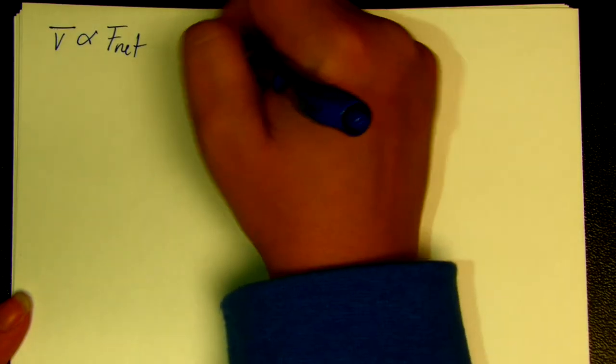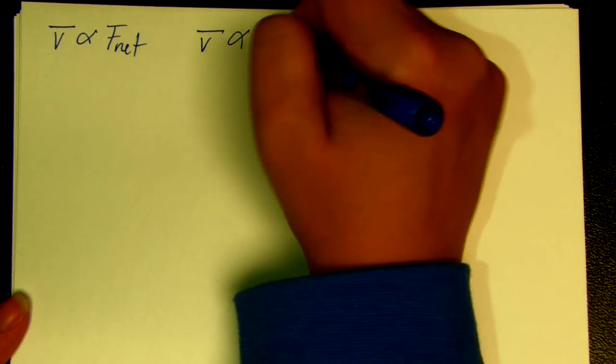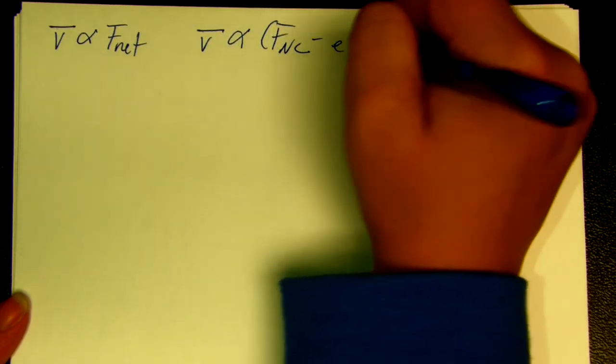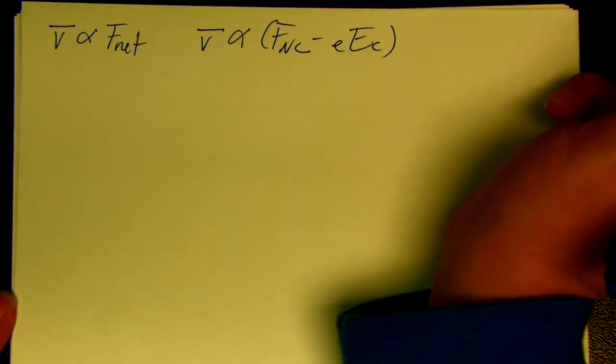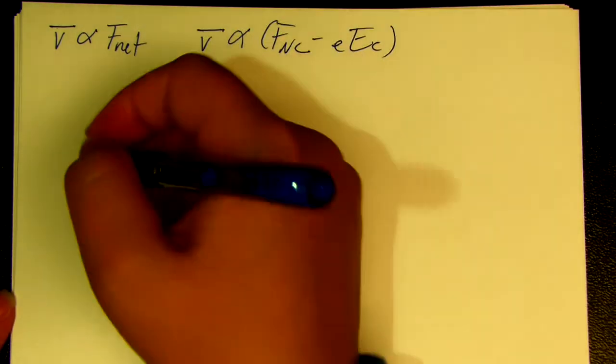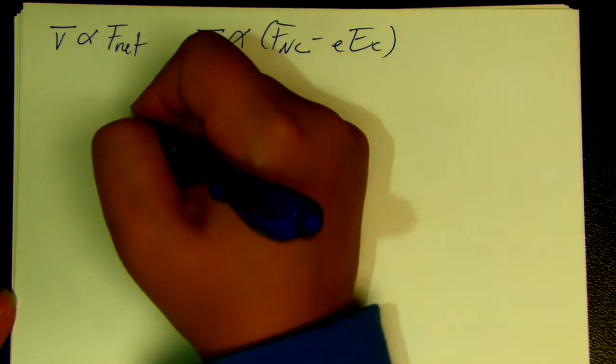So building on that, drift speed is proportional to F net, and so drift speed would be proportional to F_NC minus E times E_C. We can combine this with our conversation of conductivity and current density.